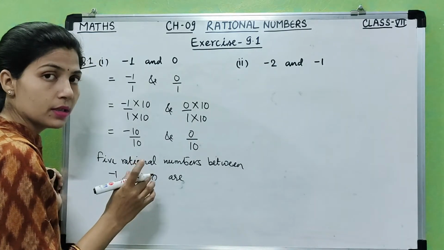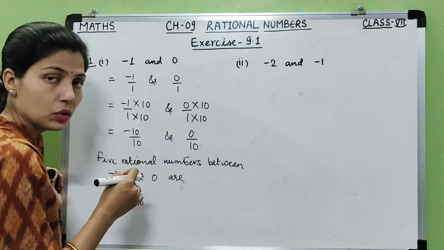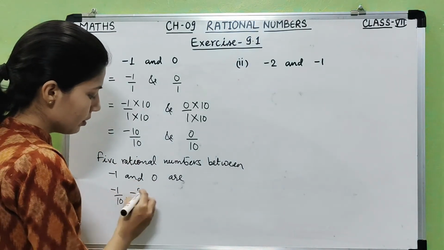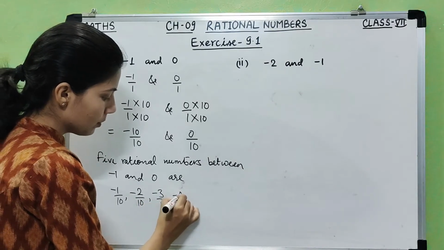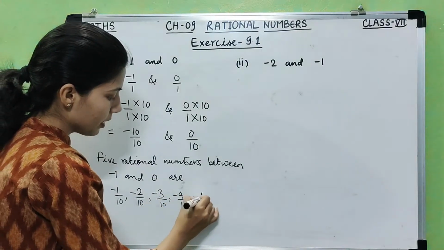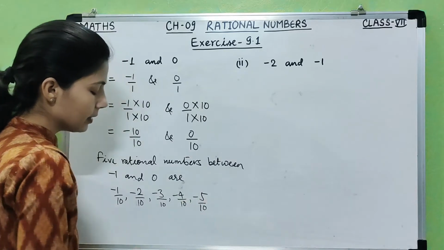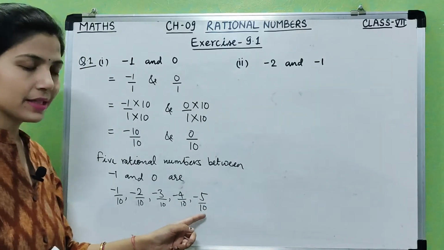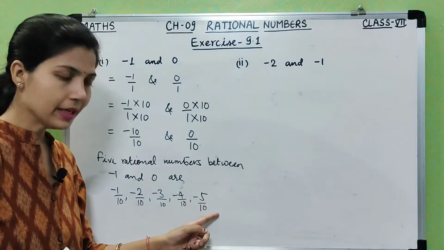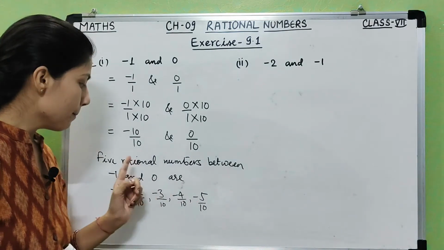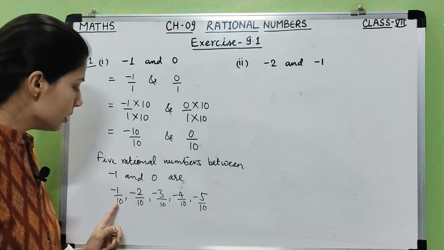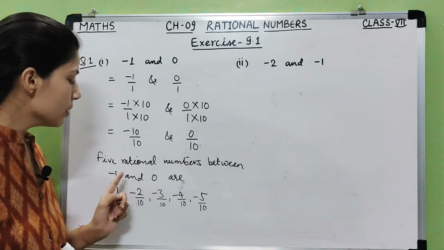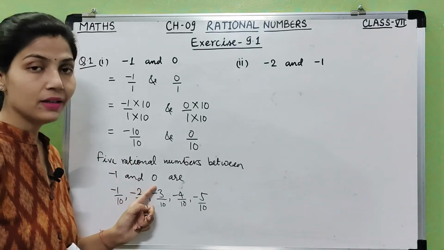You can choose any 5. Okay, so if we take -3 upon 10, -4 upon 10, -5 upon 10. Okay, you can also take -6 upon 10, -7 upon 10, -8 upon 10, -9 upon 10 till -10. Okay, so these are the 5 rational numbers which lie between -1 and 0.